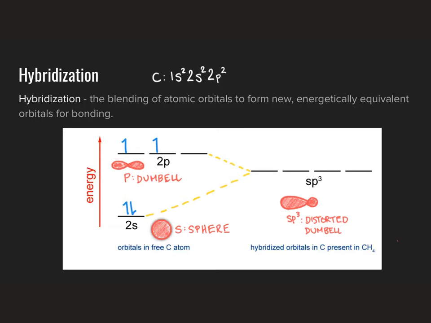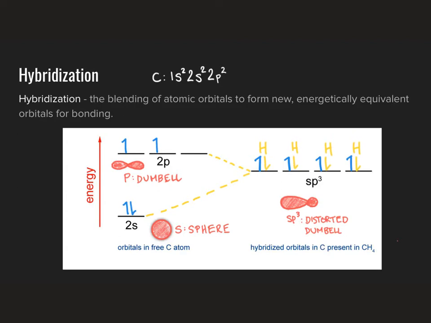And so by redistributing those electrons into each of those sp3 hybridized suborbitals, we now have 4 singly occupied suborbitals, each of which can be used to form a bond to the hydrogen atom.